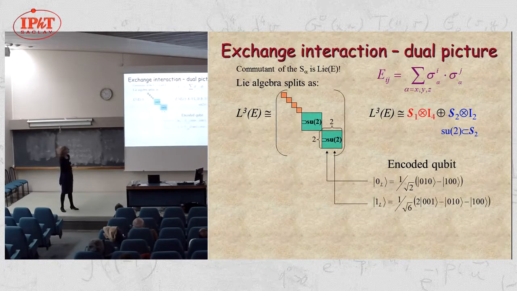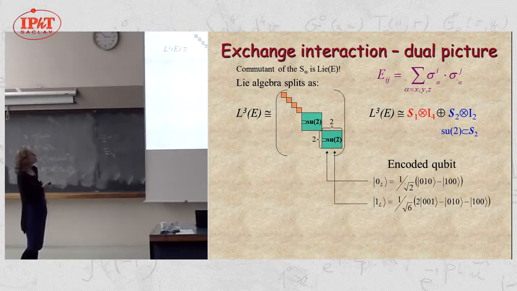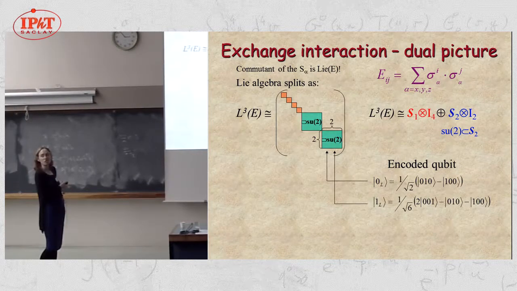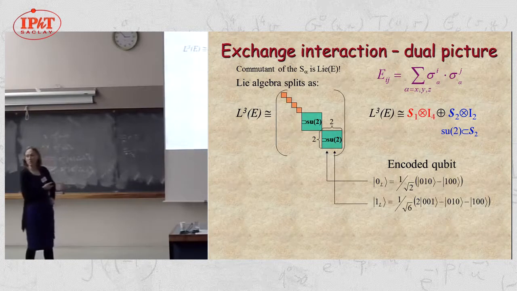And so here I have switched gears. You look at it in a dual way. You look at the splitting of this Lie algebra, of this exchange interaction. You'll find these irreducible subspaces again, and you'll see that they generate the full SU2, meaning the full unitary group on this small component.